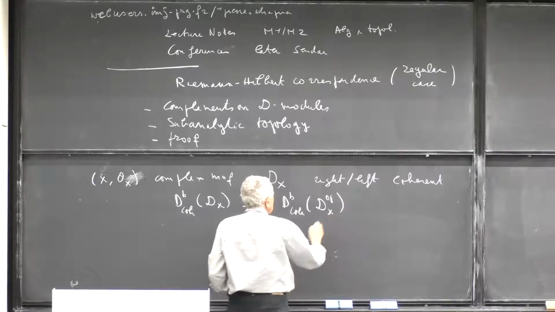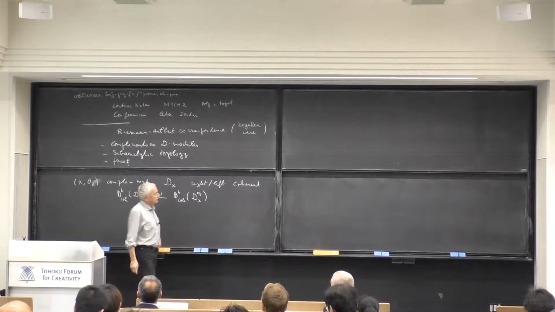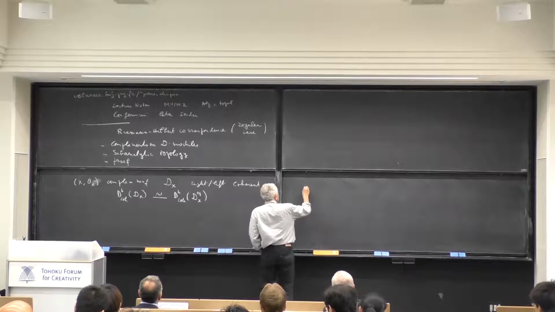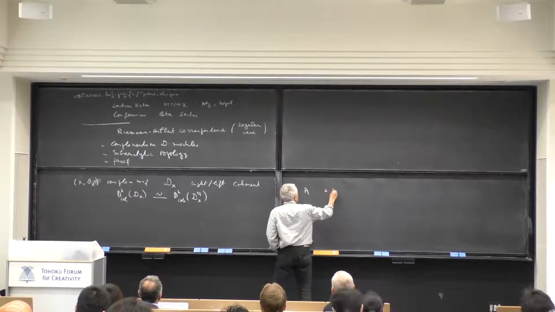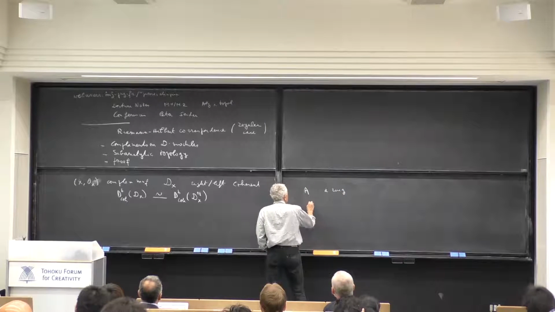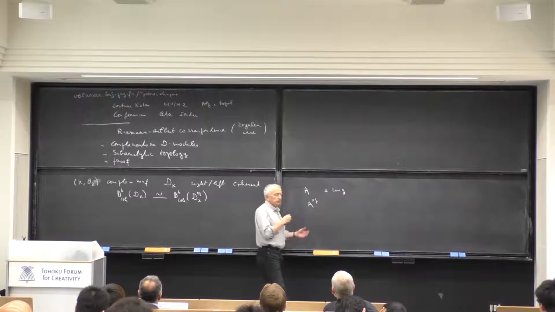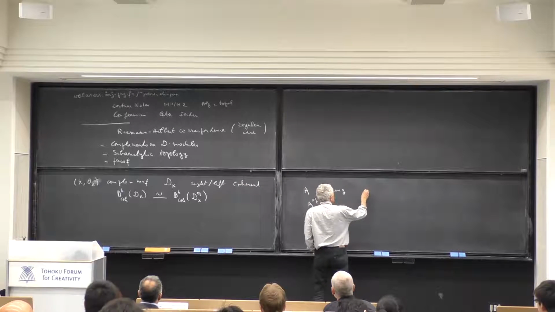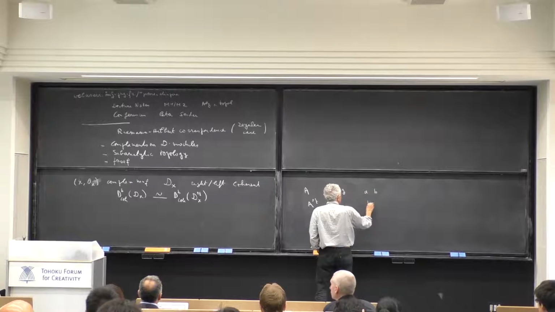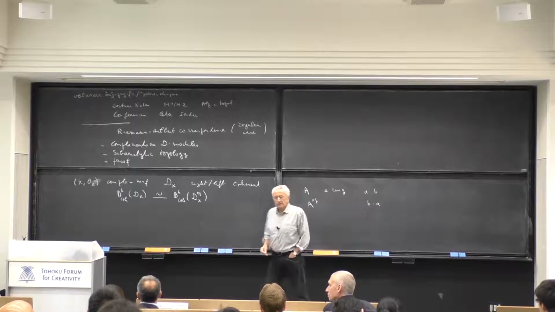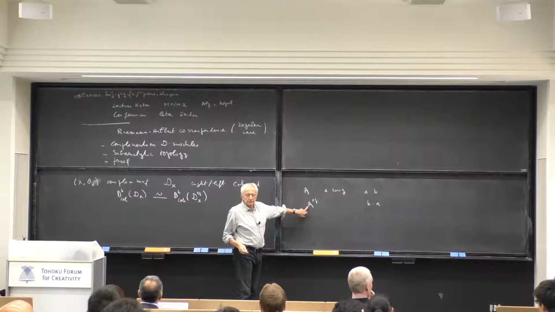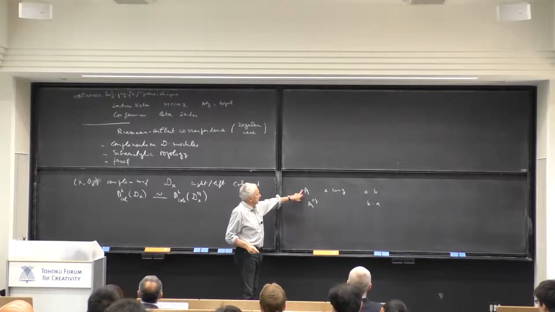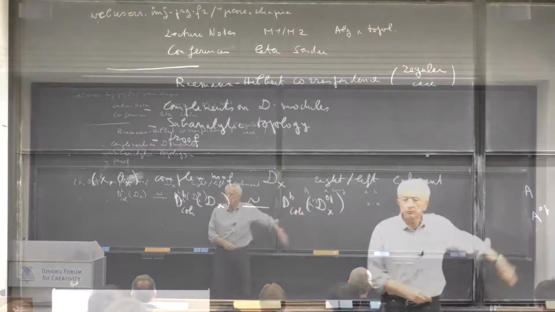When you have a non-commutative ring A, A op is the same ring but the product is inverted. Here the product is AB, and here the product is BA. So left A modules are the same as right A op modules.